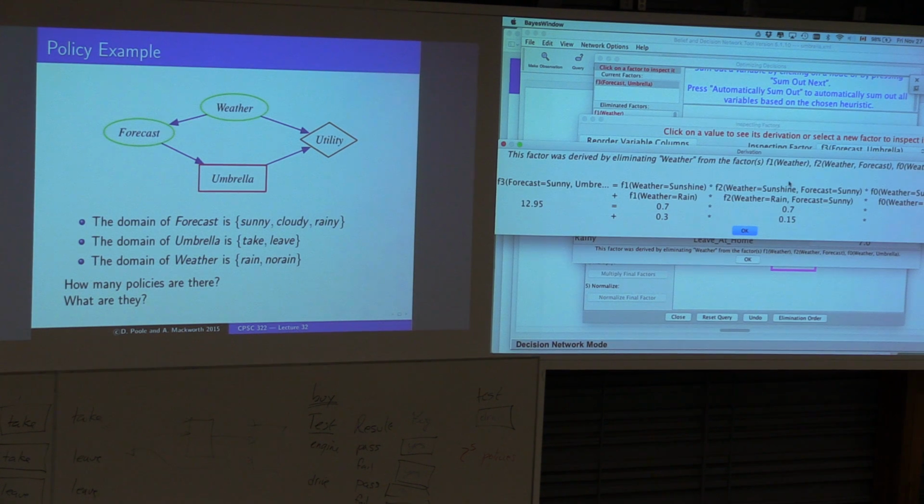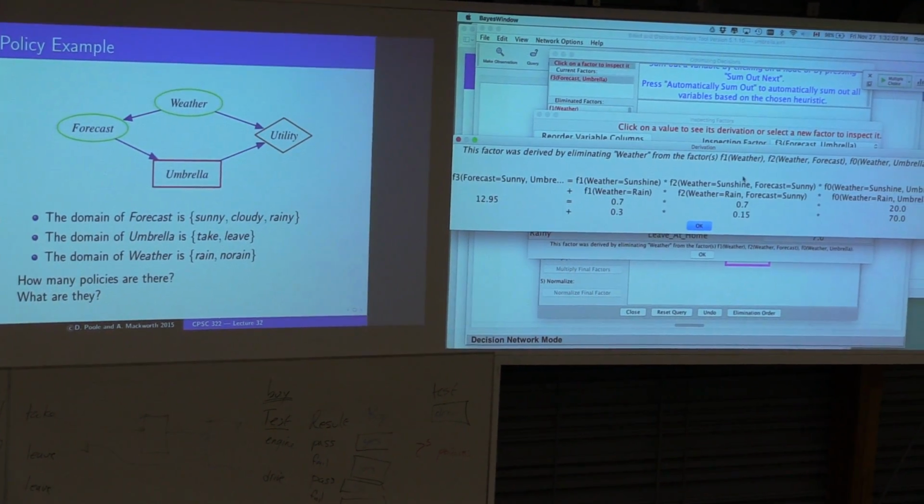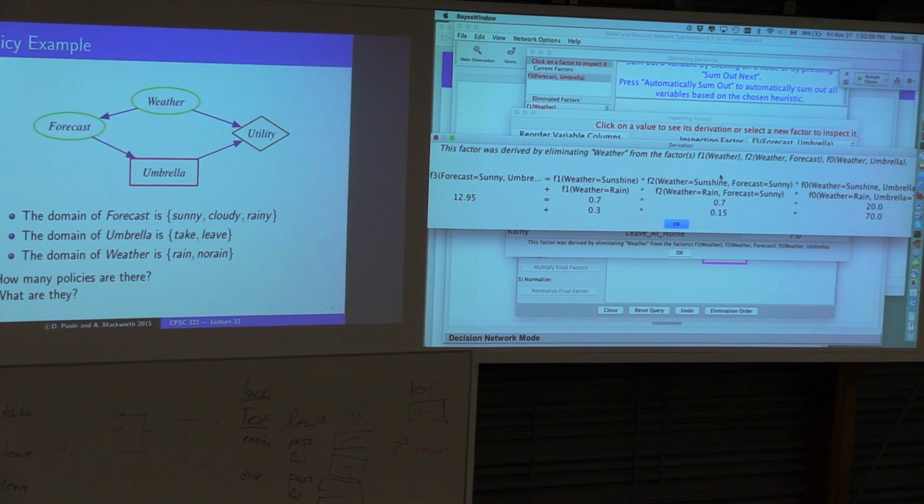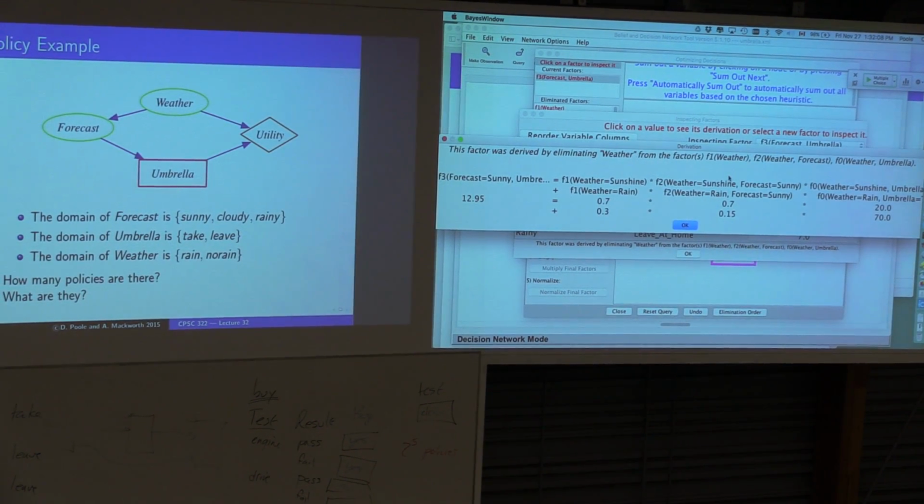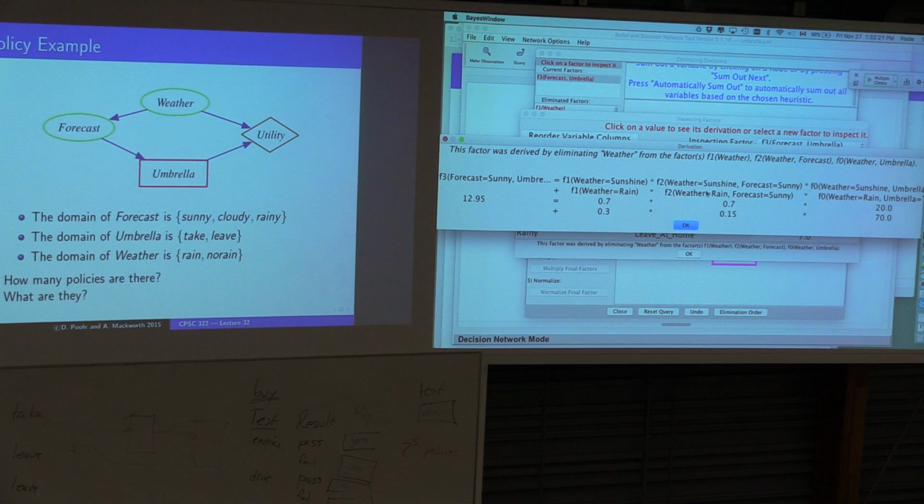With the forecast sunny, we've got these three factors we're multiplying together.